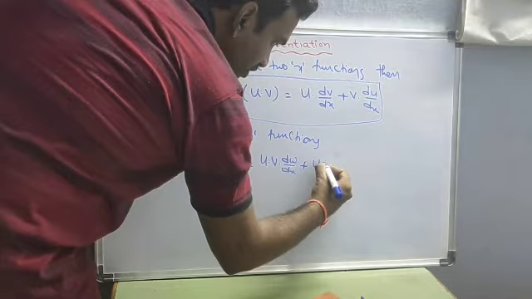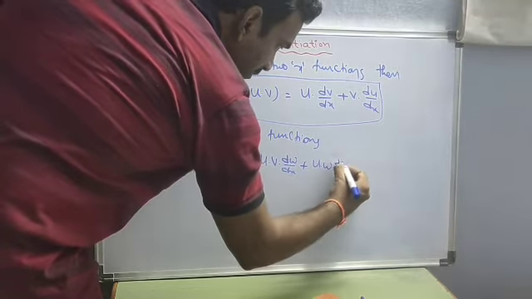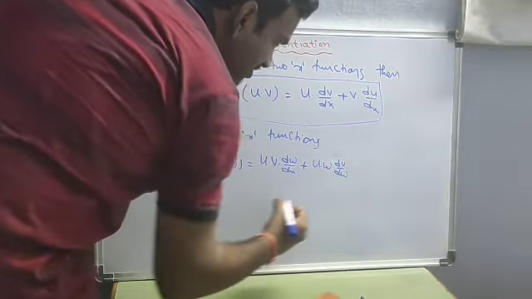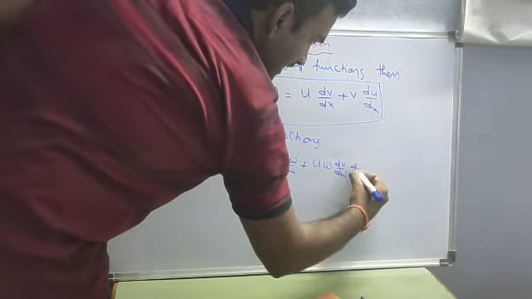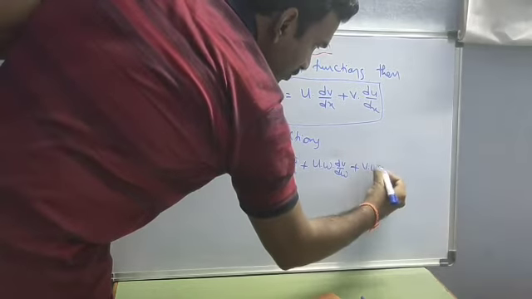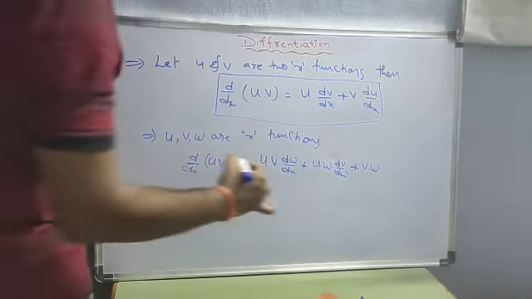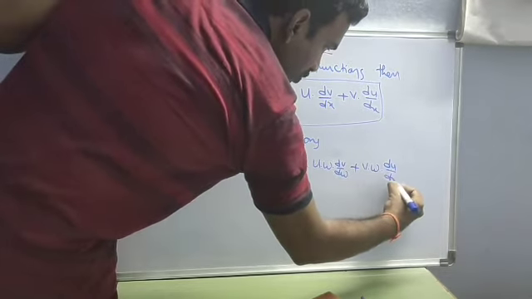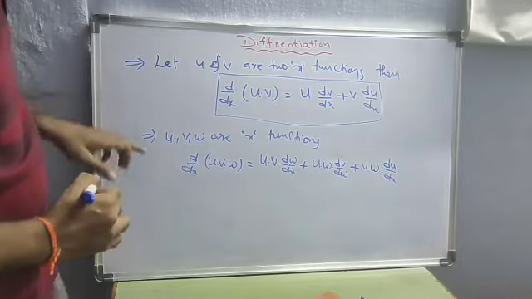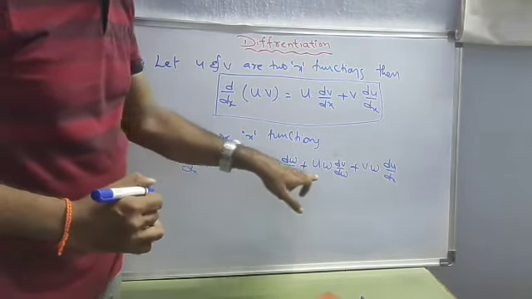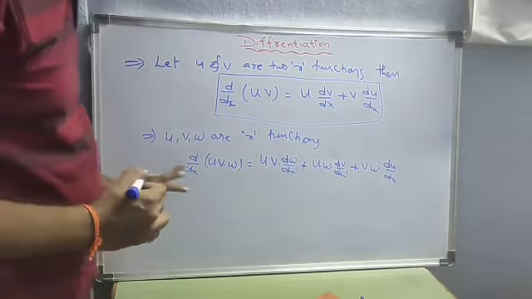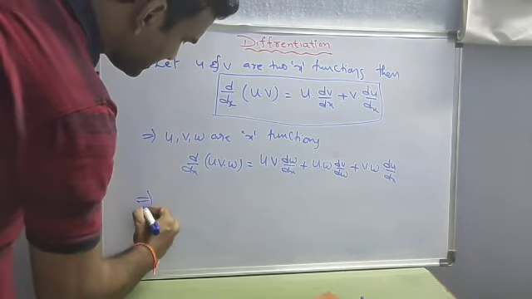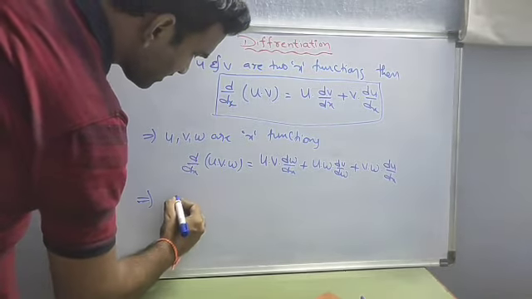Next, u into w; compulsorily I have to do the differentiation for v. Next, vw, I am taking these two as constant; compulsorily I have to do the differentiation for u. Like that. How many terms are you getting? 3 terms.